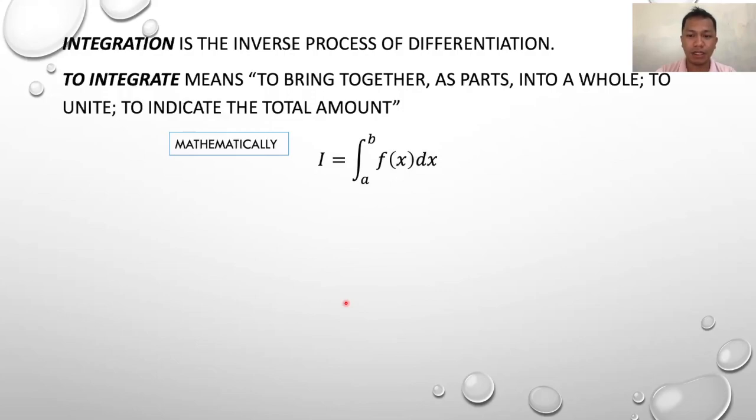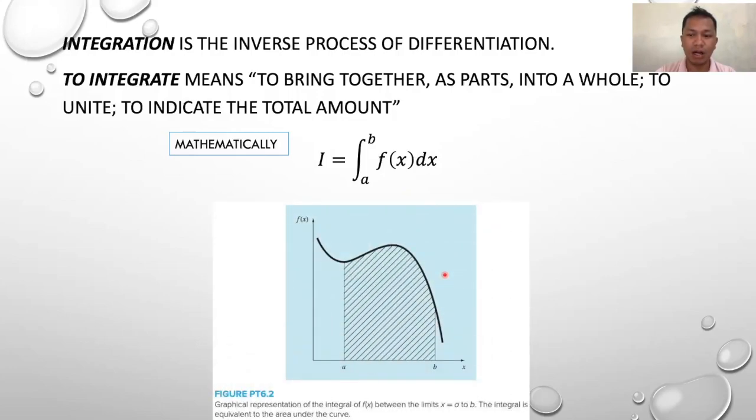which stands for the integral of the function f of x with respect to the independent variable x, evaluated from a to b. As suggested in the dictionary definition, the meaning of this equation is the total or the summation of f of x over the range a and b.